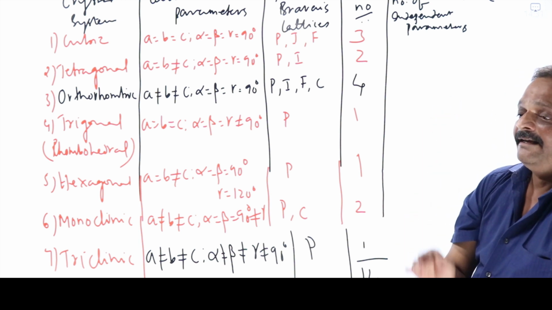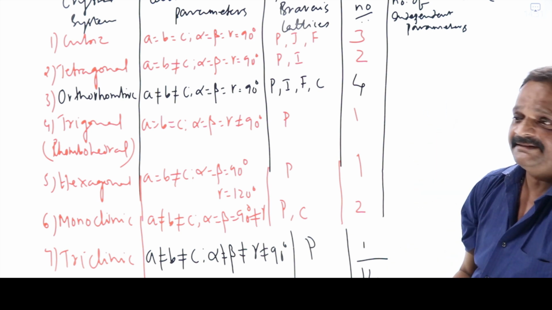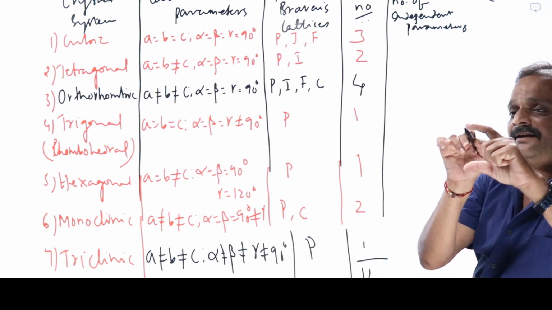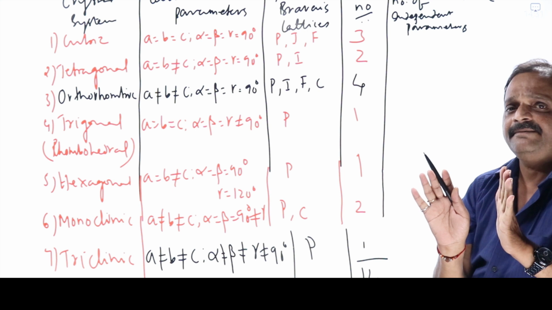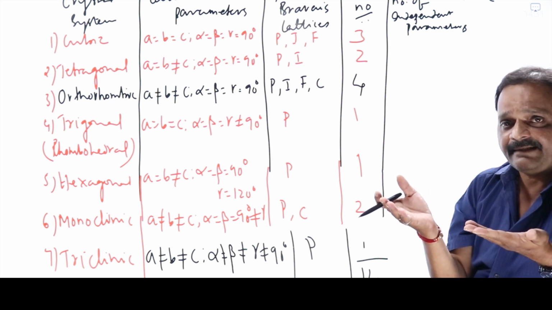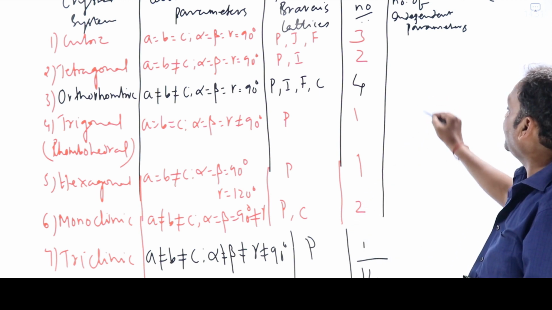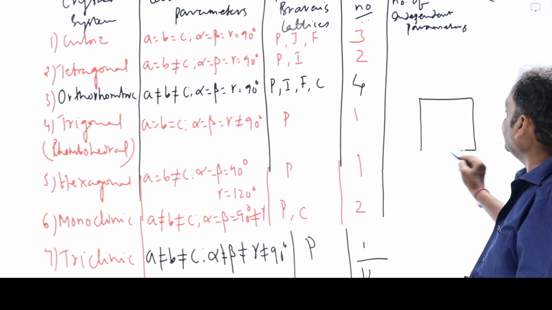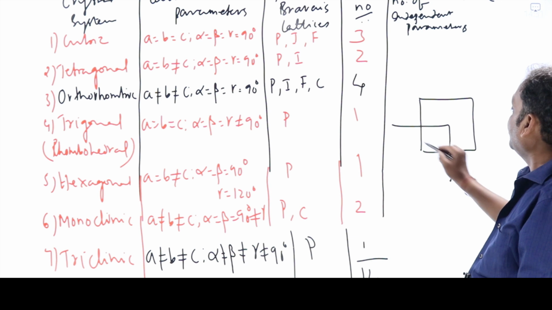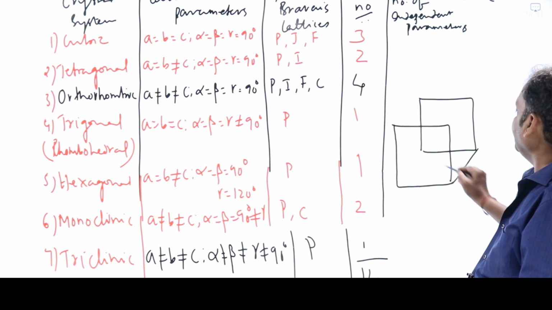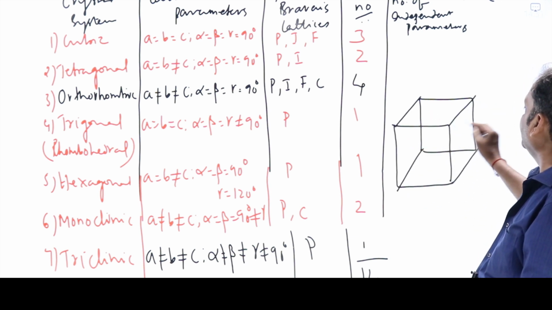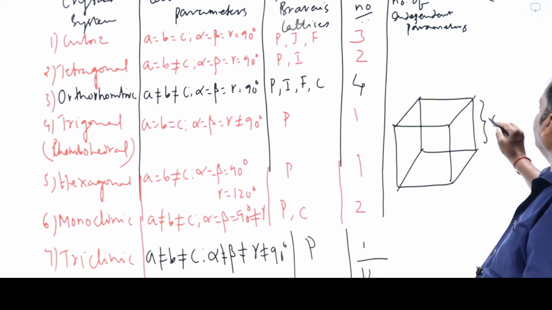Okay, if I say a cube of side 3 centimeters, immediately you will take one scale, you will draw one line 3 centimeters. That is sufficient because you know that all 3 angles are 90, 90, 90. All 3 sides are equal. So you will immediately draw a cube with side equal to 3 centimeters.